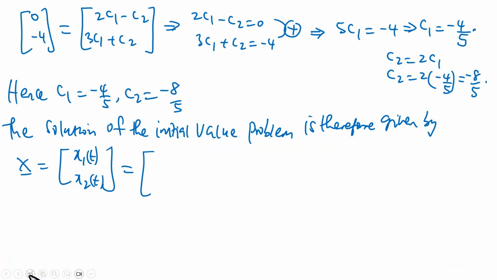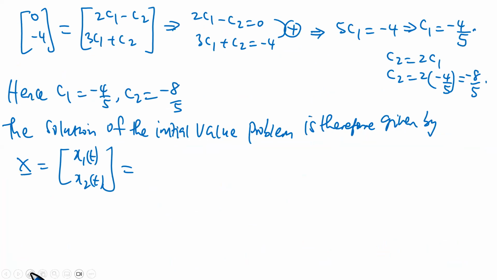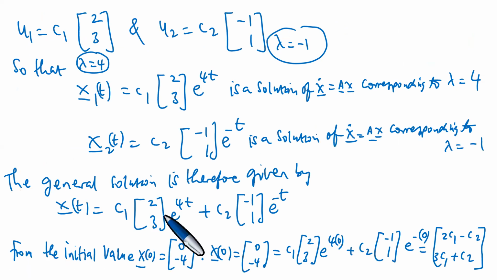Okay, let me first remove this. What is C1? Minus 4 out of 5. Obviously we're using this C1 together with the previous one, 2 and 3.